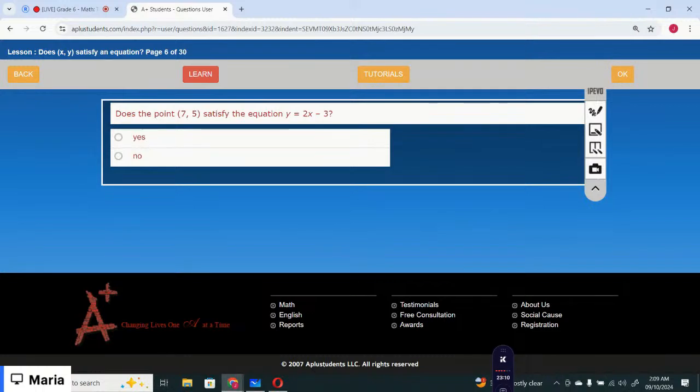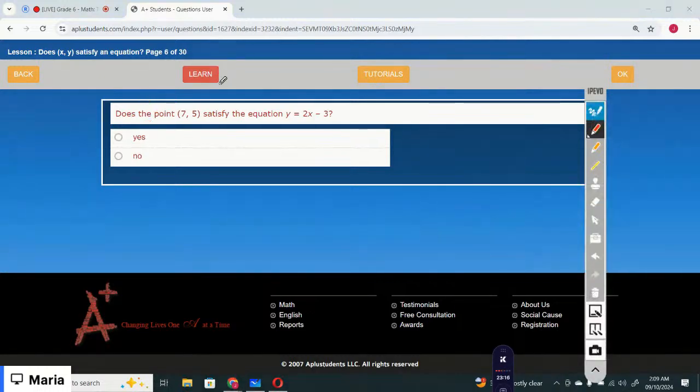Does 7, 5 satisfy the equation y equals x minus 3? Okay, x is 7, y is 5, right? So that is y equals x minus 3, y is 5, x is 7. So 5 equals 7 minus 3, which is 4. Hmm, 5 is not equal to the result.